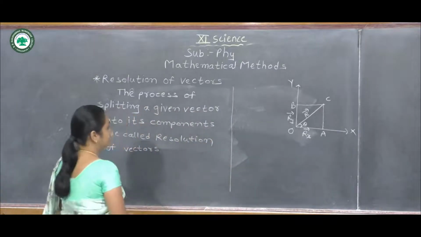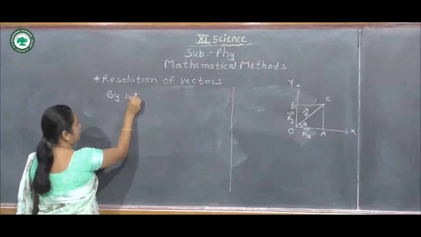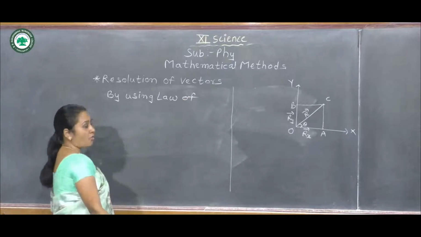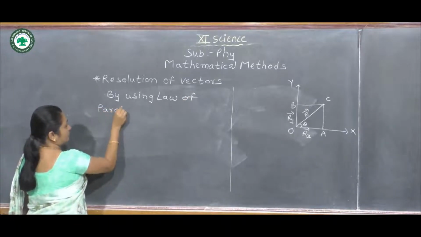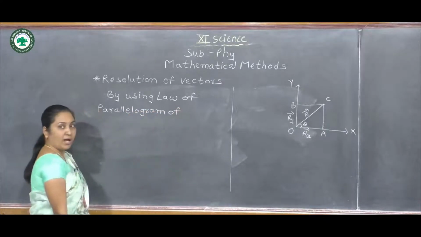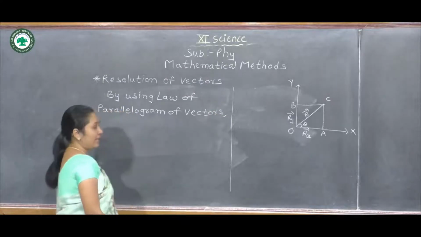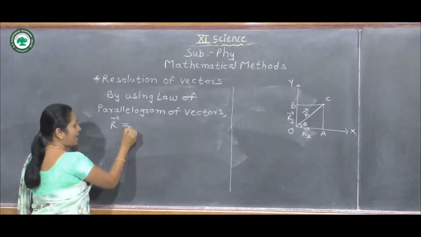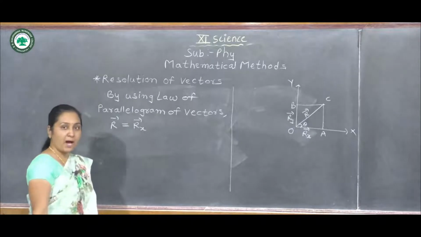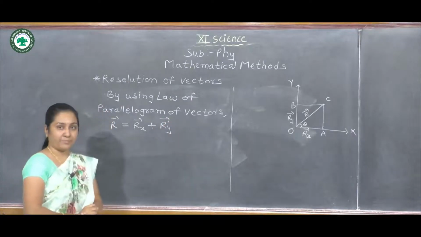So vector r bar is equal to Rx bar plus Ry bar.